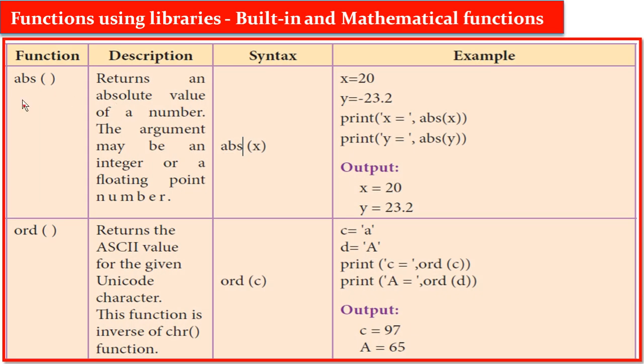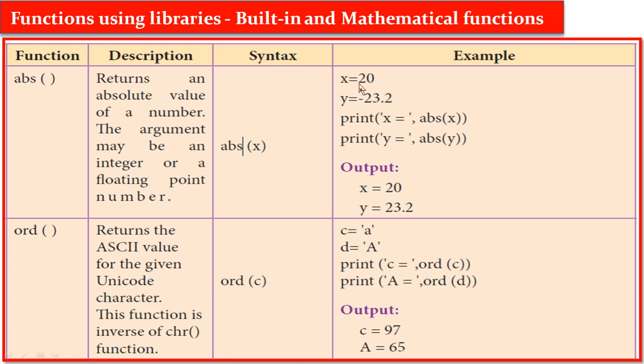The first function ABS, it returns an absolute value of a number. The argument may be an integer or floating point number. For example, ABS of x, here x equal to 20, y equal to minus 23.2. ABS of x, whether the x may be plus or minus, it converts into the positive integer.